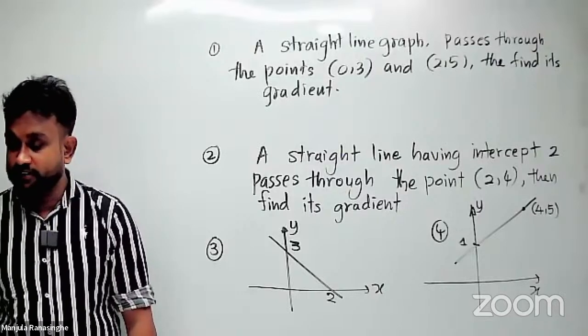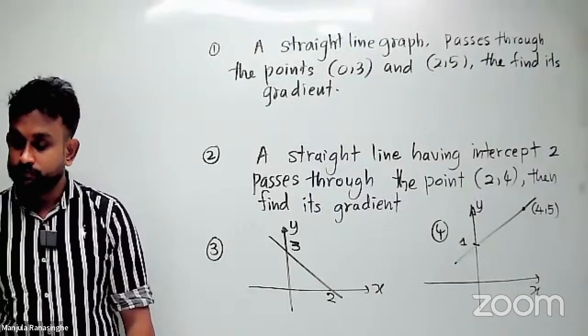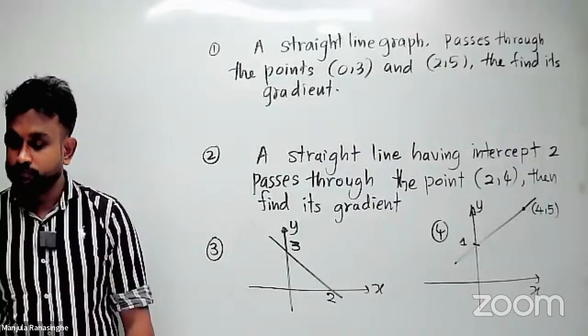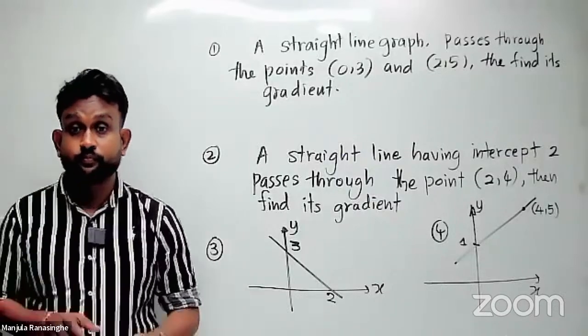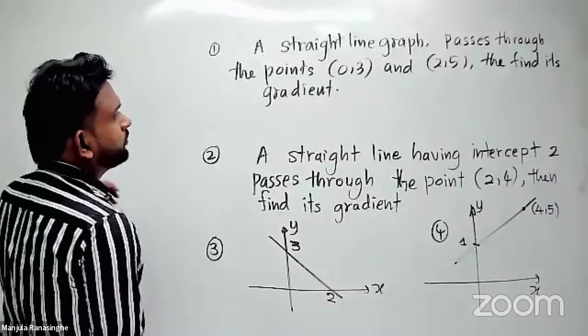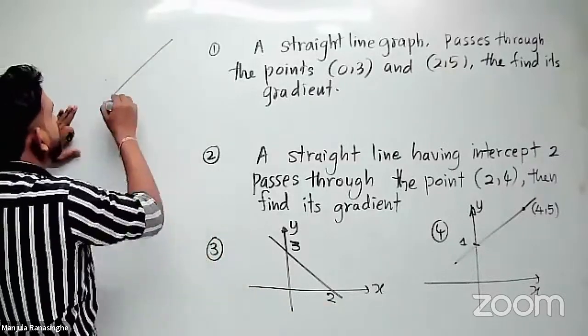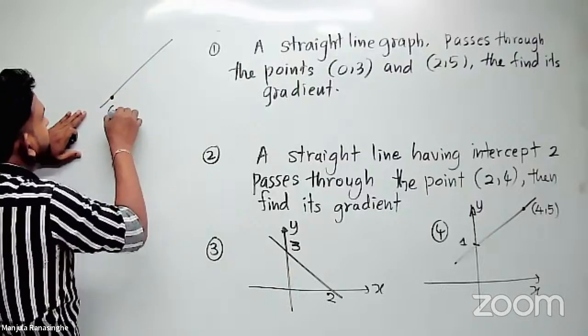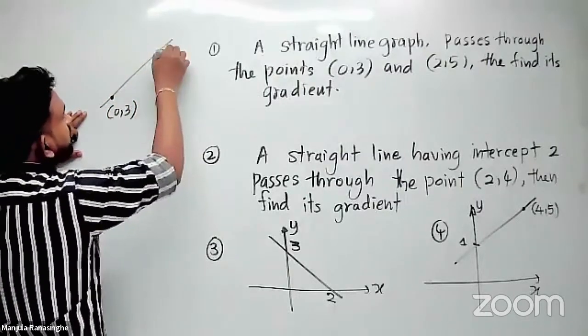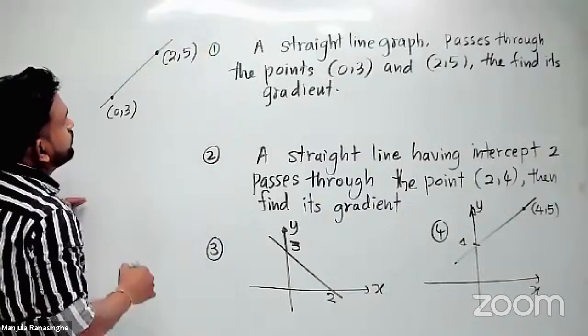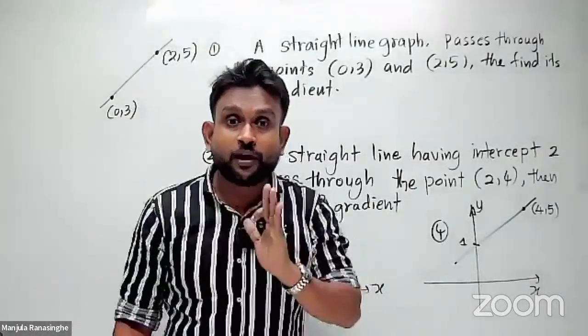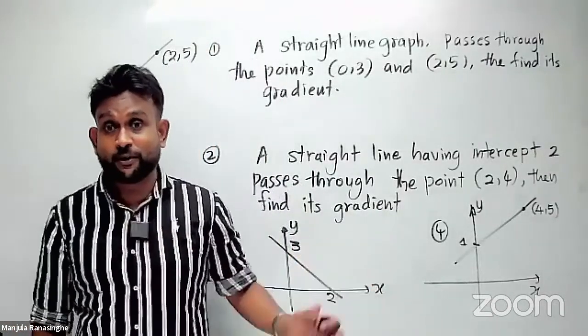Right. Tell me the answer. We do not know how the points look, no need to draw even. I just mark for your reference 0, 3 and 2, 5. So how to find the gradient? The y difference over the x difference.